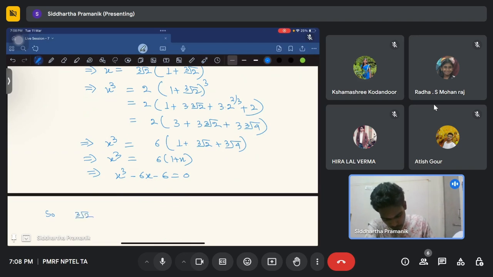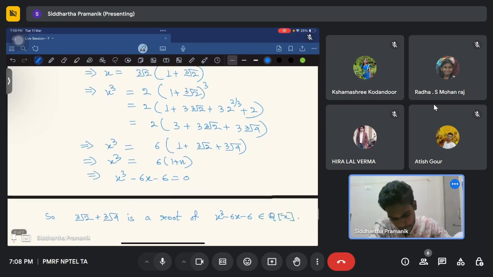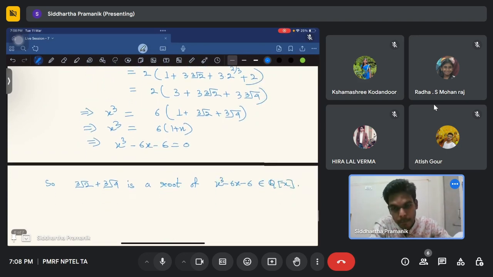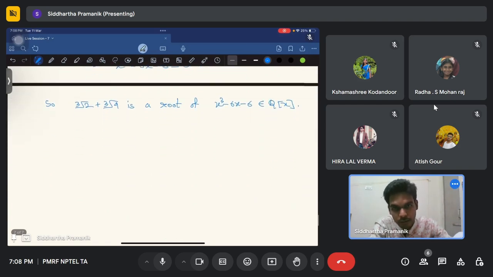Cube root of 2 plus cube root of 4 is a root of x cube minus 6x minus 6, which belongs to Q of x. So we need to check whether it is irreducible or not. If it is irreducible, then we are done. So can we use Eisenstein's criteria here?